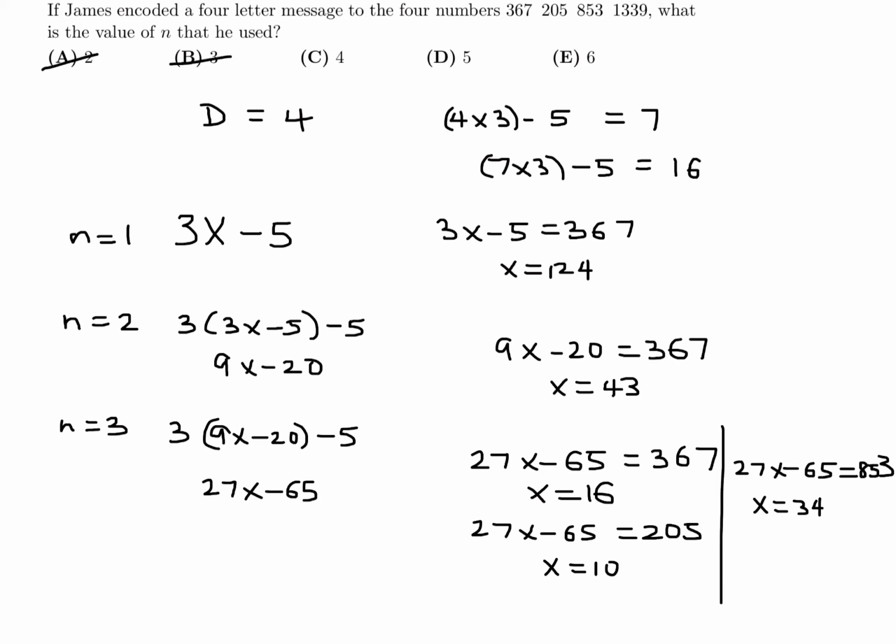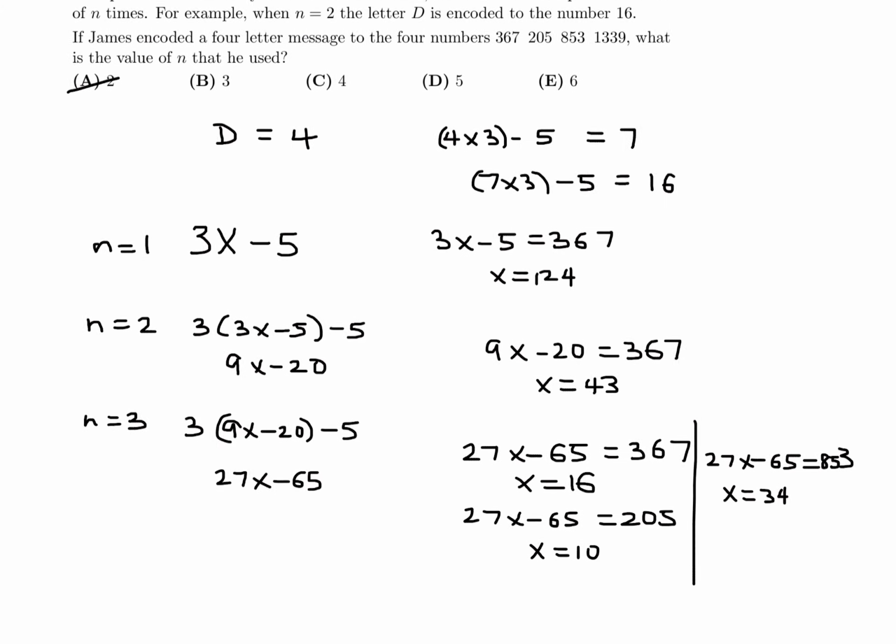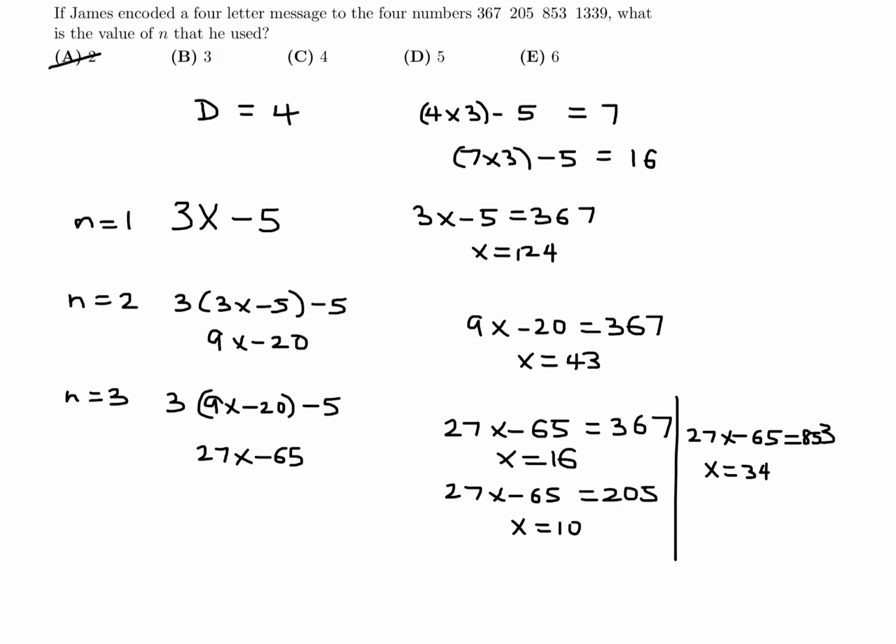Well, I'm confident that it's going to be the next one, which is n equal to 4, but I have to prove that it is correct. When you do this process again, you get 3 times 27x minus 65, and then don't forget the minus 5. So this now gives me 81x minus 200.